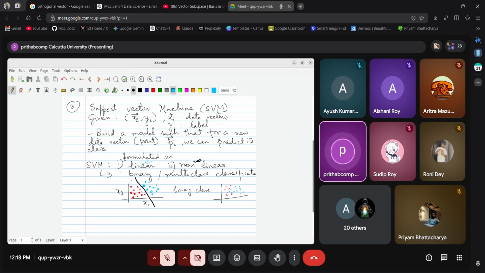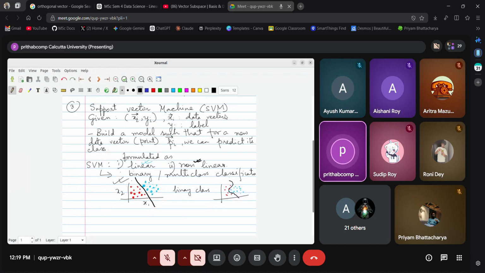You see that there is no line which can separate these two classes. In that case, the separating boundary will be non-linear, something like this. For the time being, we are only going to consider the mathematical formulation of linear classification.